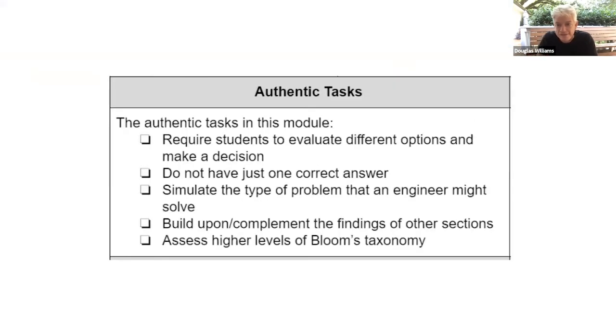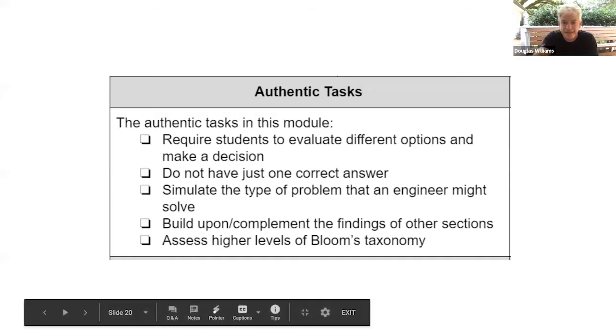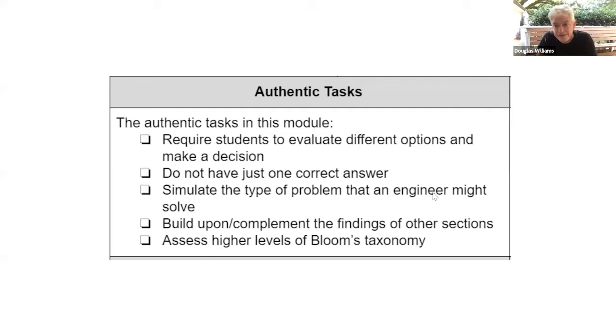So when we give you feedback later on your modules, these are some of the things we'll be thinking about when we look at them. Do you require students to evaluate different options and make a decision on that? Does the task have just one correct answer, or are there many solutions to that problem?